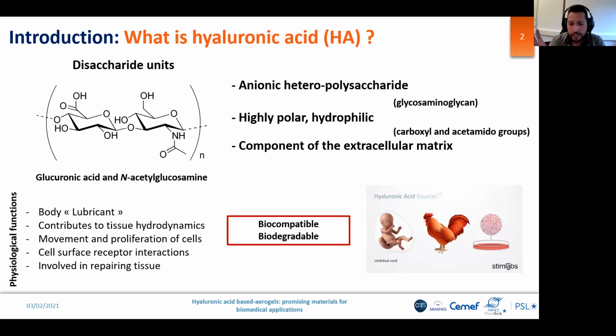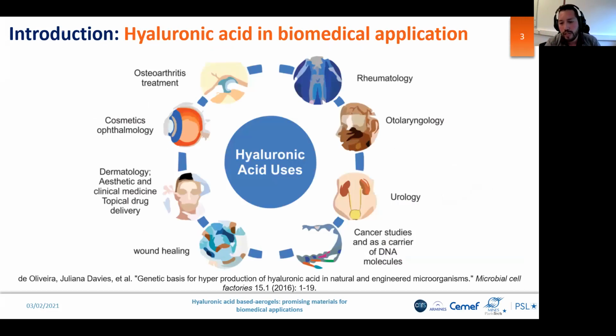All these characteristics make the hyaluronic acid biocompatible, and the fact that the hyaluronic acid is a natural polysaccharide is also biodegradable. All these features, together with the fact that it is commercially available from different sources like human, animal, or bacterial source, make the hyaluronic acid one of the most extended polysaccharides used in biomedical applications.